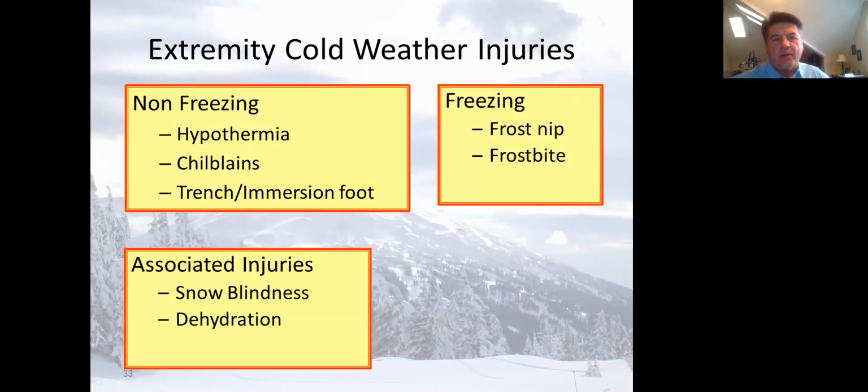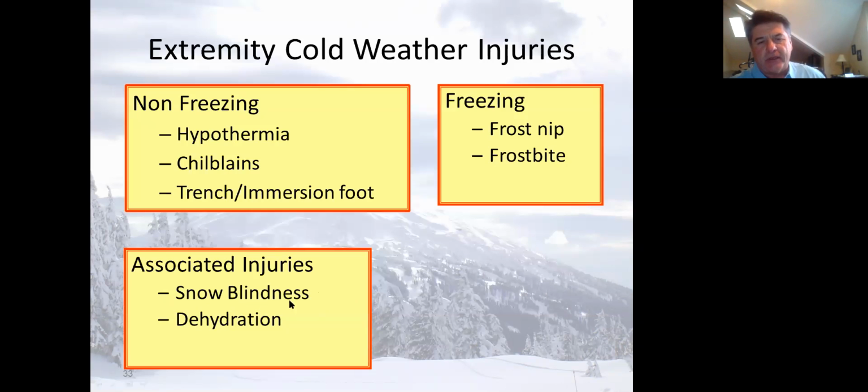Now, let's talk about extremity weather injuries. There are, first off, 3 different types of injuries: non-freezing, freezing, and associated injuries, snow blindness and dehydration. We're not going to spend much time on these other than the fact that snow blindness can happen. We just went through the eclipse. The same type of blindness that people get from staring at the sun can happen.